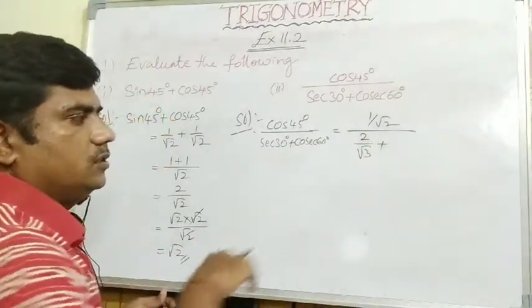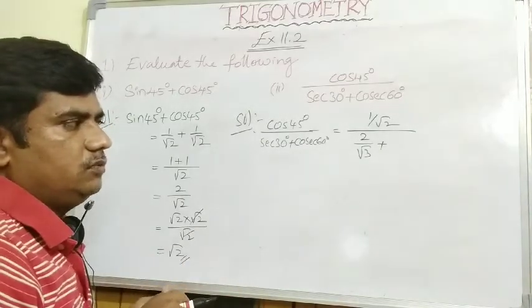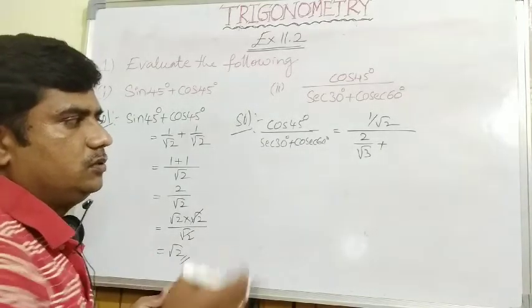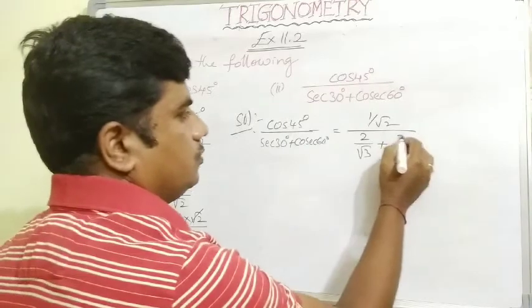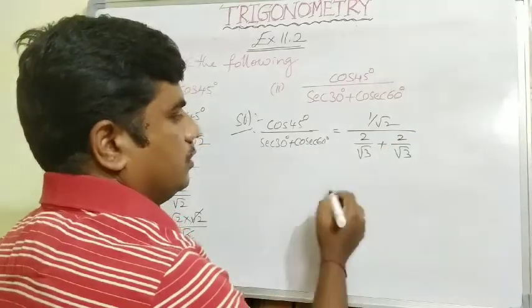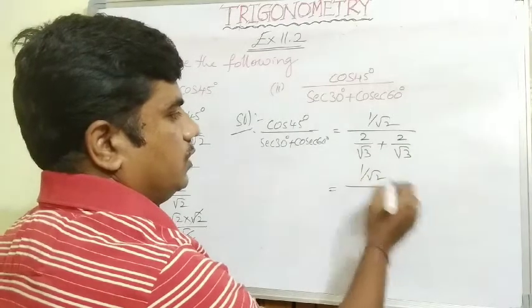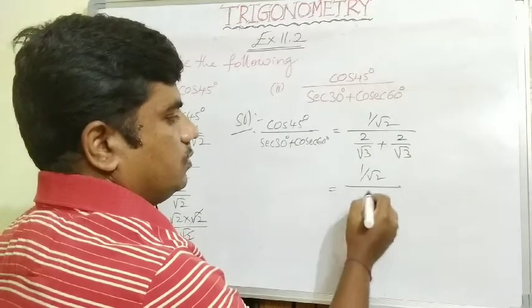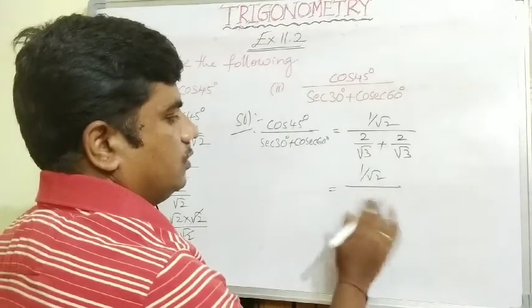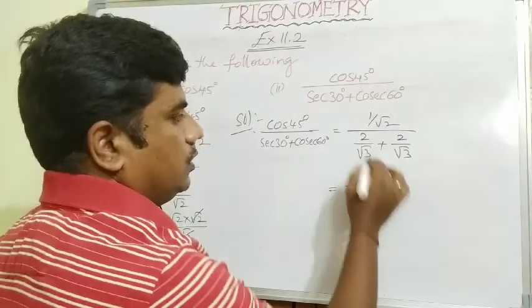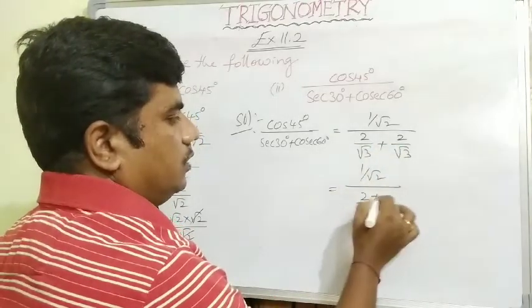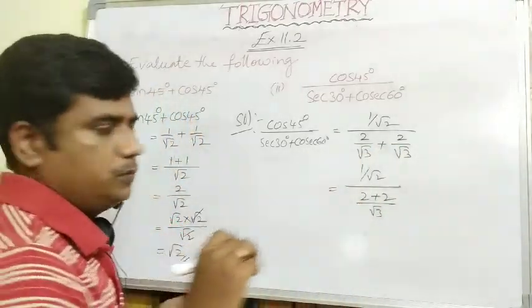Cosec is inverse of sin. Sin 60 value is root 3 by 2. Therefore cosec 60 value is 2 by root 3. So this value we have to simplify. So 1 by root 2, the denominator root 3, LCM is root 3. So directly numerators are added: 2 plus 2.